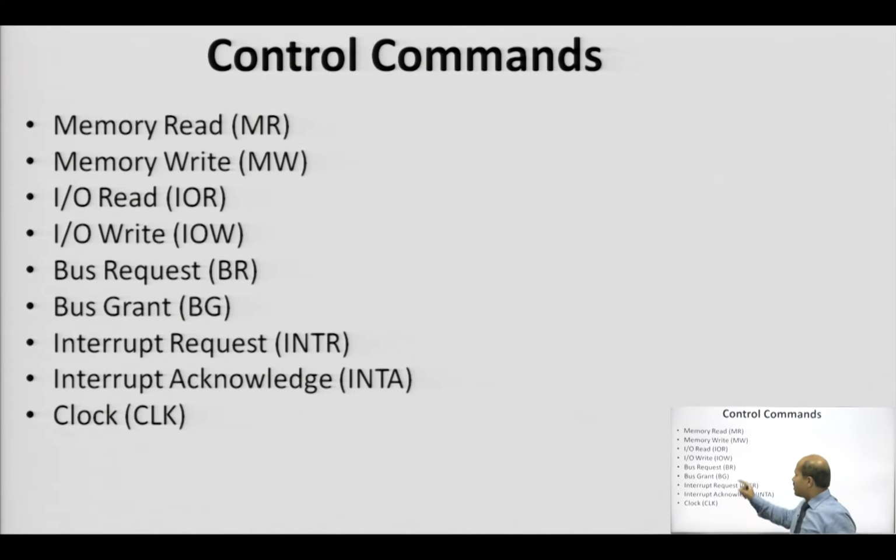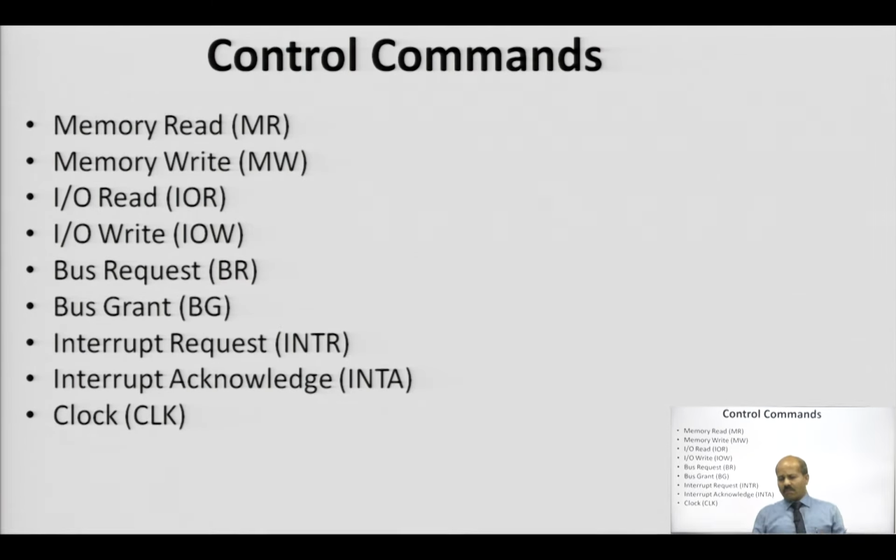And the next command is bus request. Whenever a particular device is requesting the bus to transfer its data, the command issued is BR, and if the bus is available, the control unit will generate the command bus grant, that is BG. The BG signal will be issued. Whenever a particular unit or component is requesting an interrupt, that request can be handled by interrupt request, that is INTR, and that request is acknowledged by the processor through interrupt acknowledge, INTA.